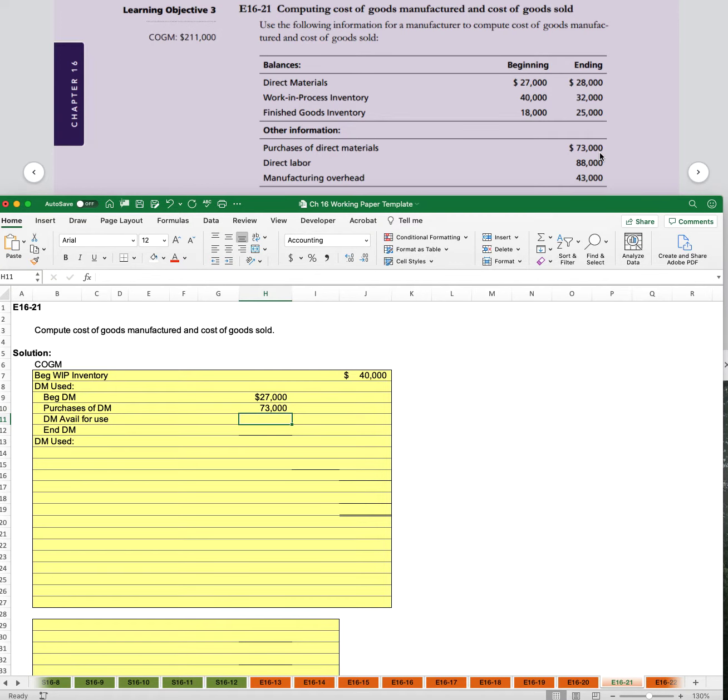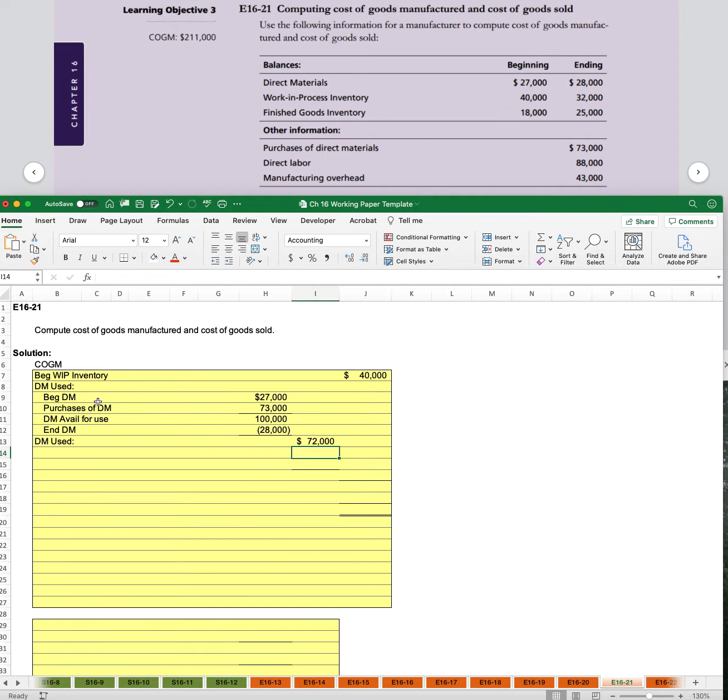And so if we add those two together, we get 100,000 worth of direct materials available for use. If we subtract out our ending direct materials, so if we subtract out this 28,000, let me scoot this over into column I. We know that we used 72,000 worth of materials.